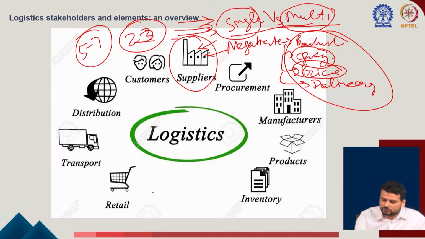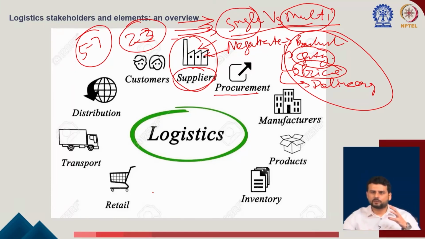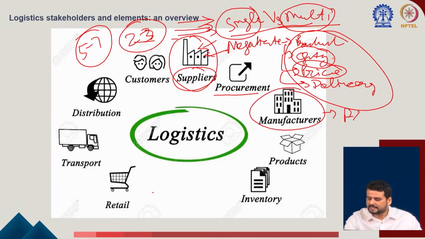So, you need to maintain a relationship with the suppliers as a logistics partner. Then procurement. Procurement obviously will happen with the suppliers. This is a process where you will be negotiating with respect to your order quantity, order frequency, volume and price, right. And then this is supplied to the manufacturer, where the final assembly of your final product is happening.